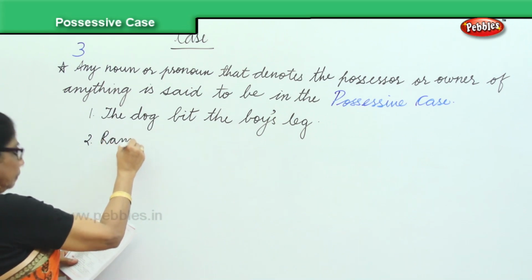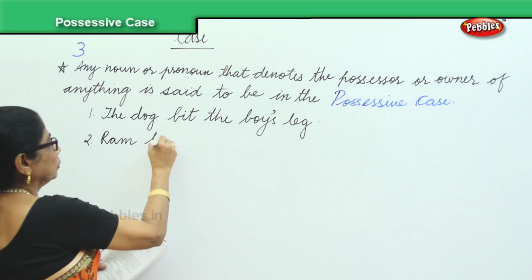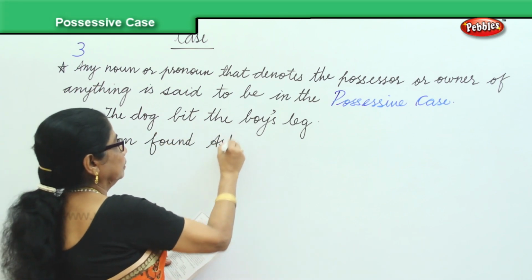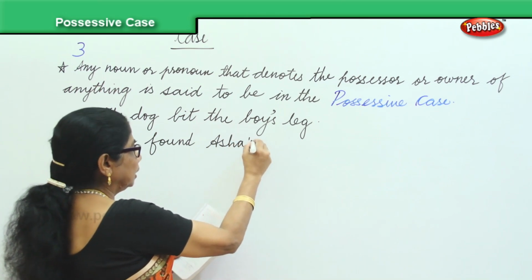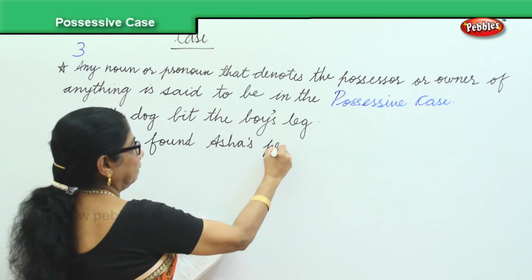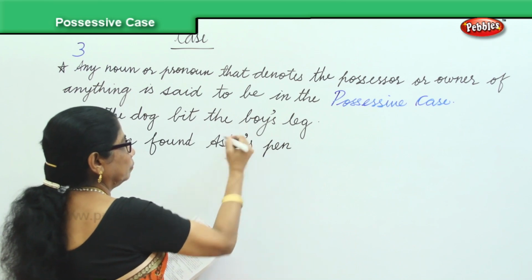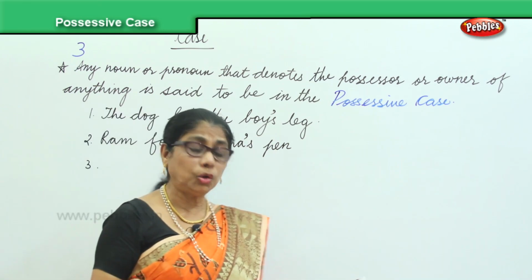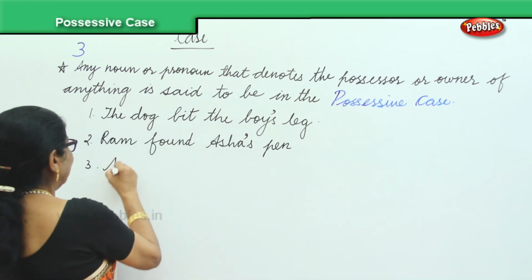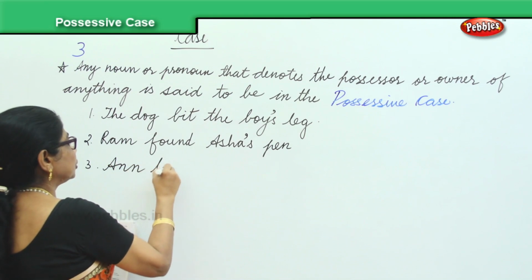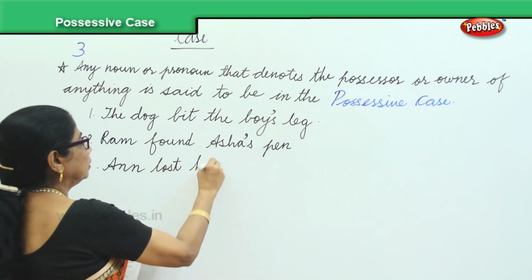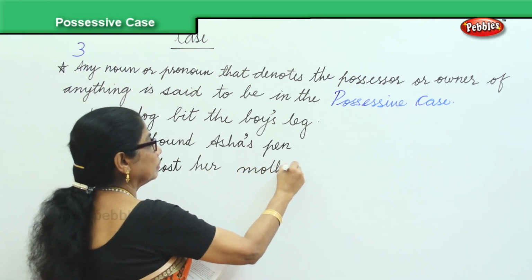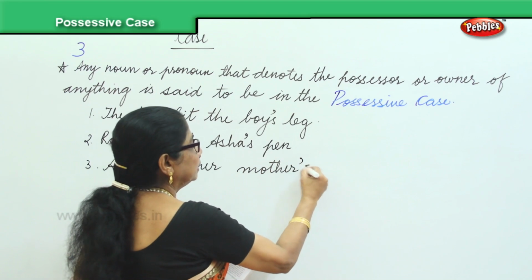Ram found Asha's pen. Then Anne lost her mother's ring. Mother's ring.